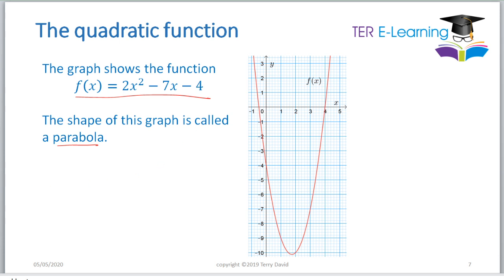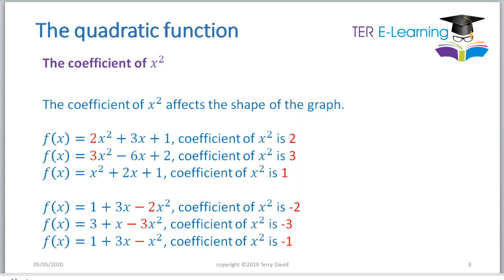Now, let's look at something here. Keep this in mind: a quadratic function looks like ax squared plus bx plus c. This coefficient here, which simply means the number in front of something, this a, actually tells me about the shape of the graph.